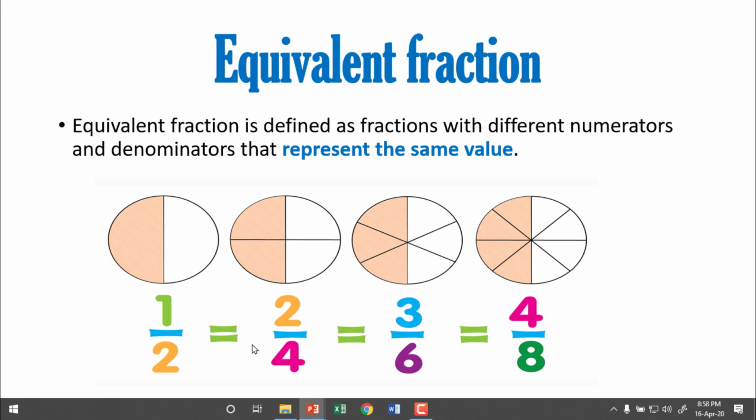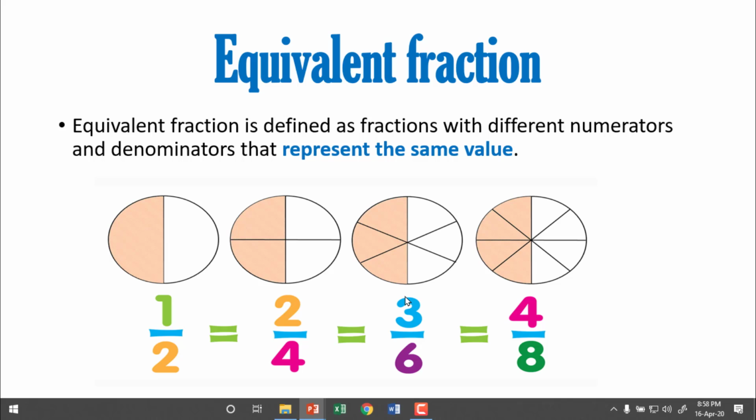The same thing, if we divide the circle into 6 equal parts, and out of 6 equal parts, if we color 3 of them, then we can write the fraction as 3 by 6. Here 3 parts out of 6 parts have been colored.